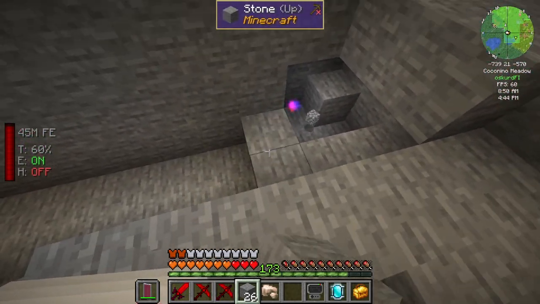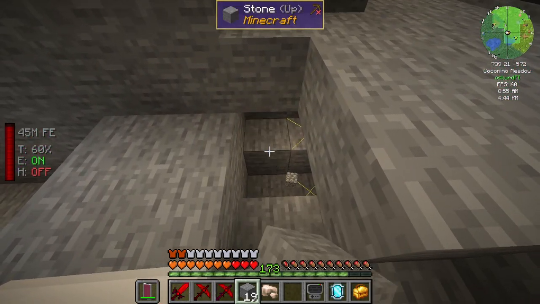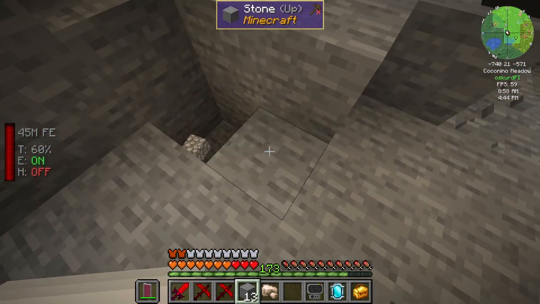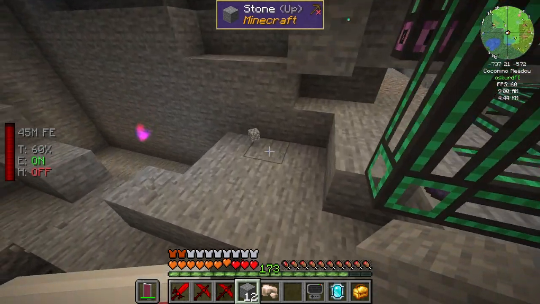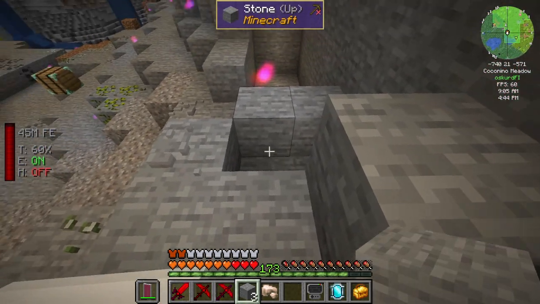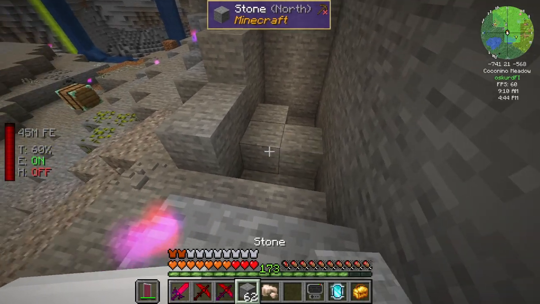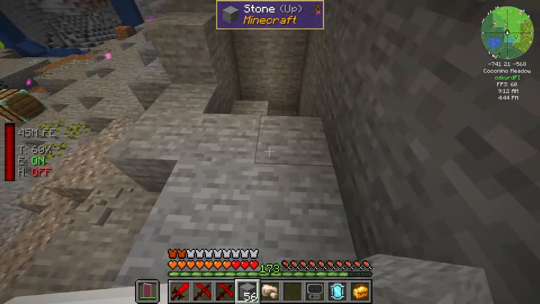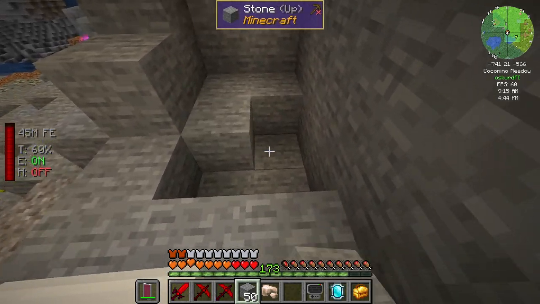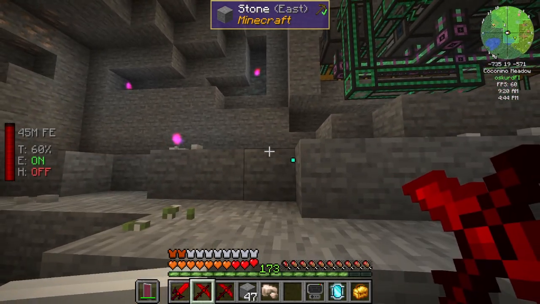It would be very nice to have this height or level. So this level we will build our thing. Like so.